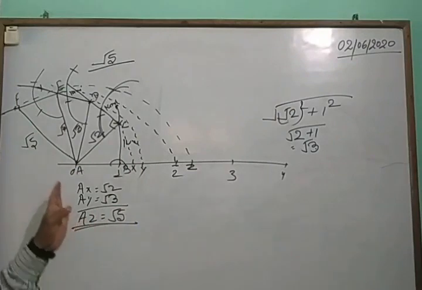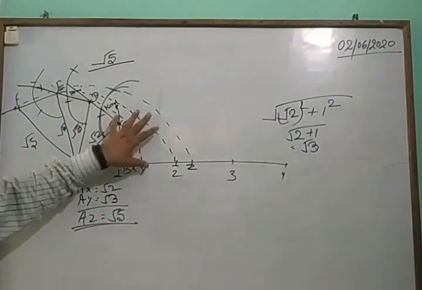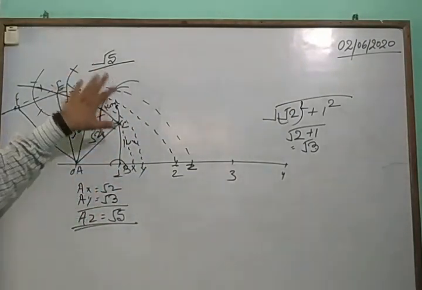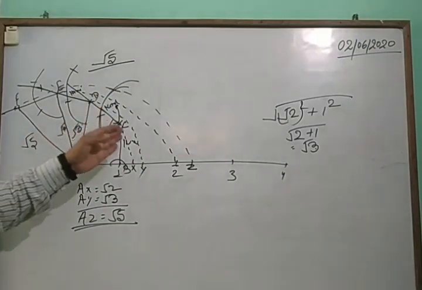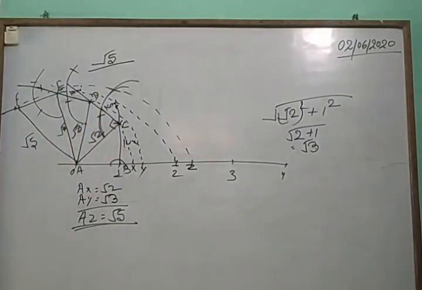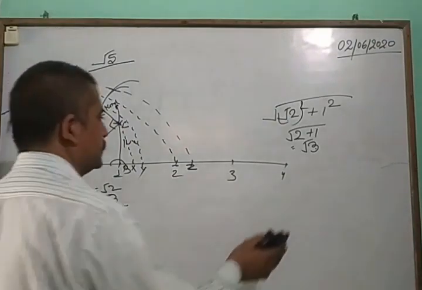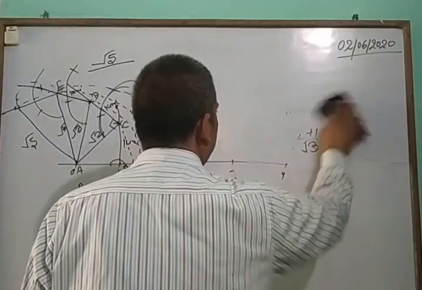This is the process in NCERT for representing the root or irrational numbers on the real number line. Some books use different steps, but we use the same representation.